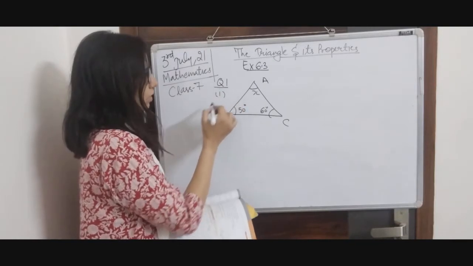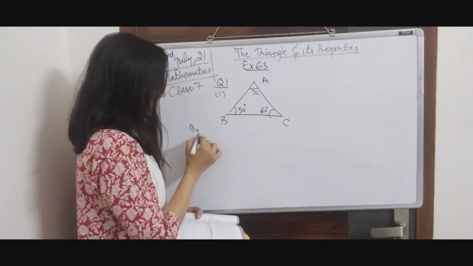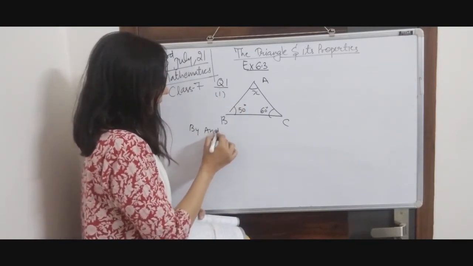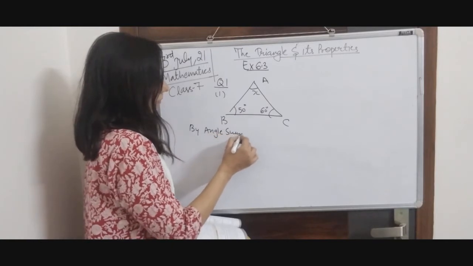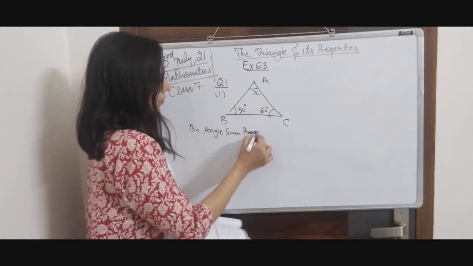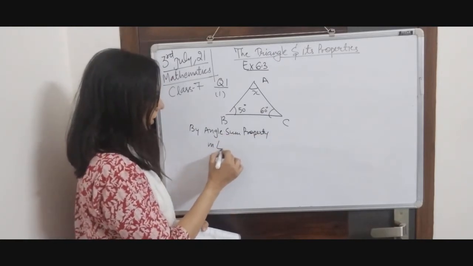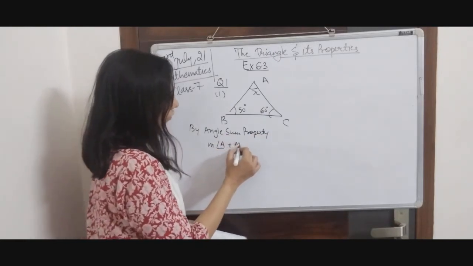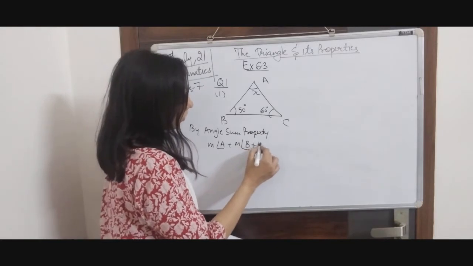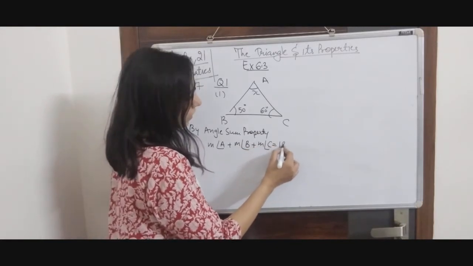This is first part. So by angle sum property, your measure of angle A plus measure of angle B plus measure of angle C should be 180 degree.